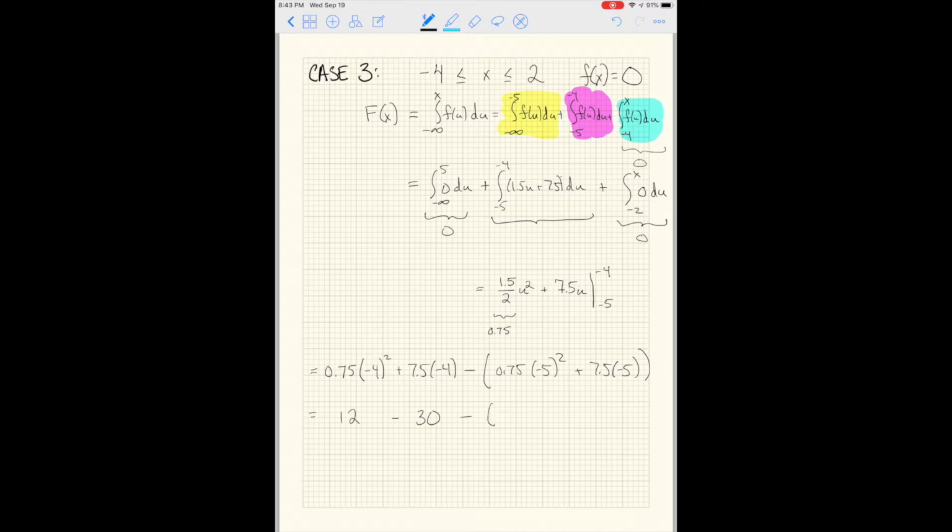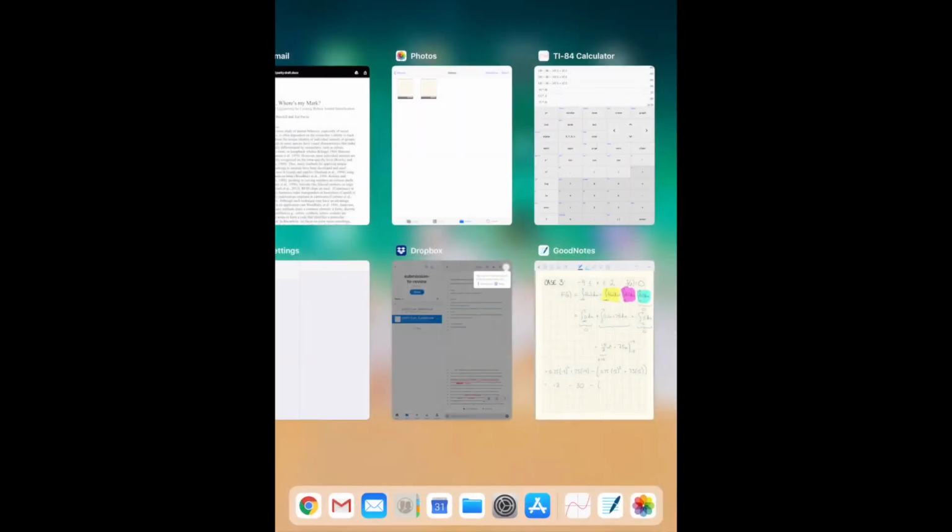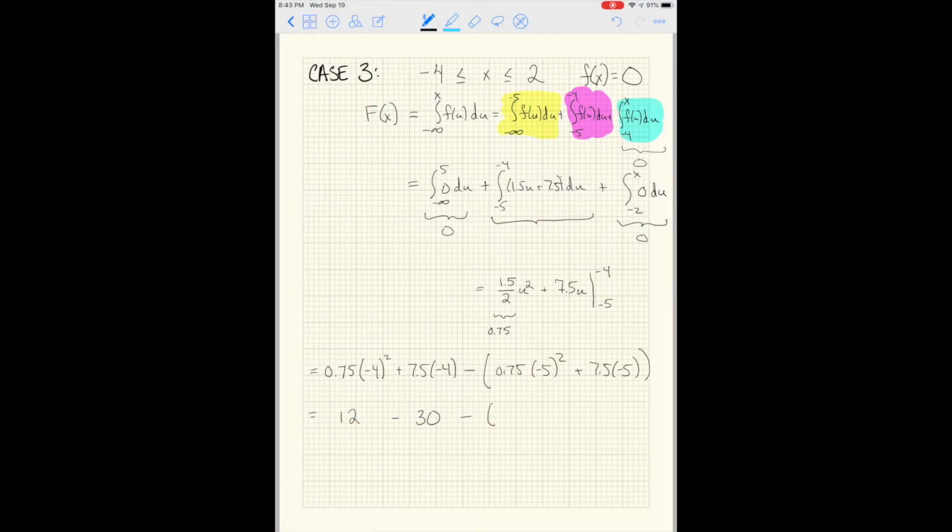Minus 0.75 times 25, 18.75, which we should remember from before. And then minus 7.5 times 5, 37.5.